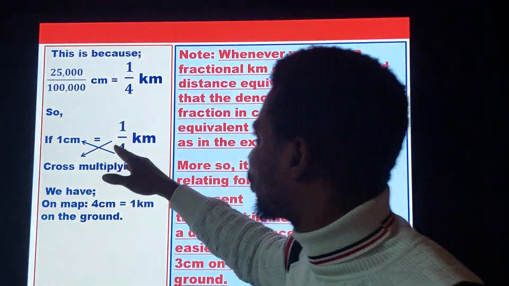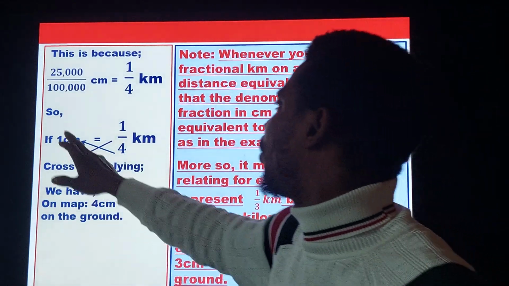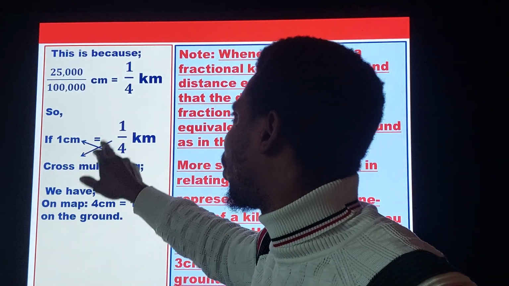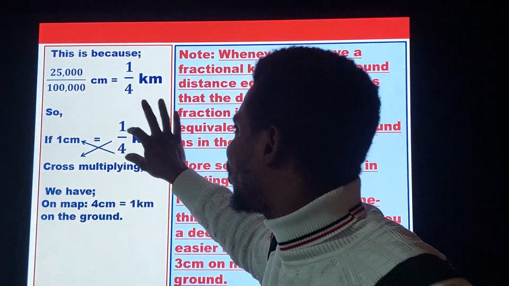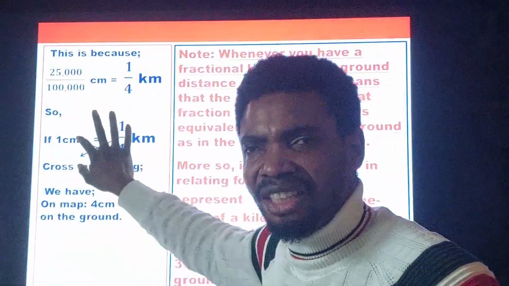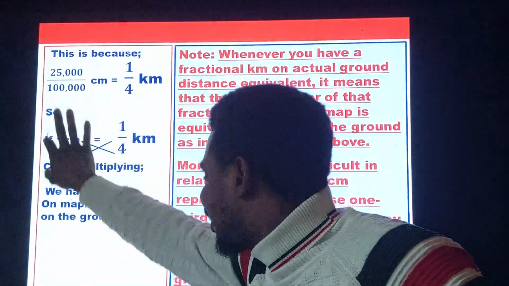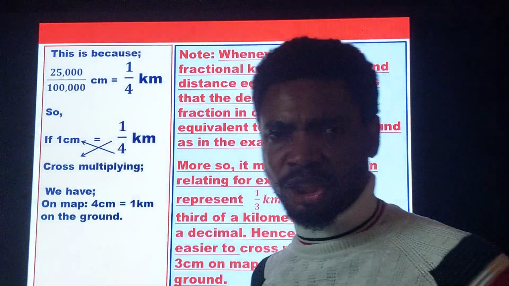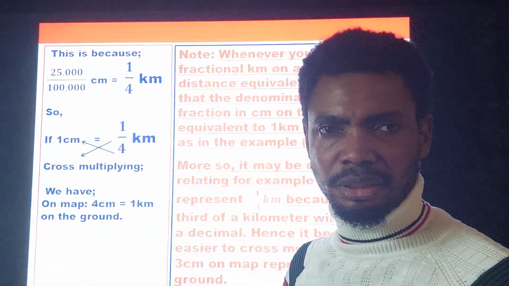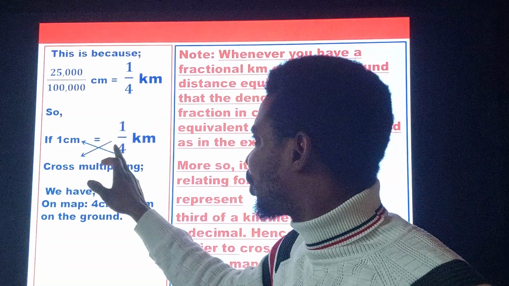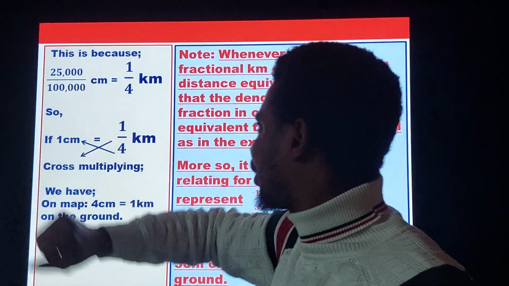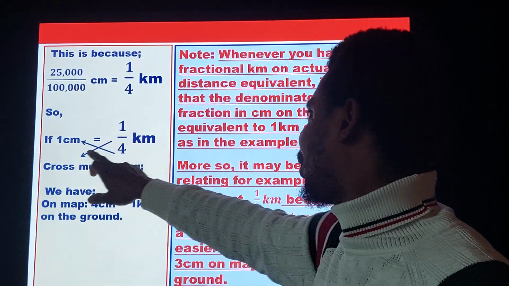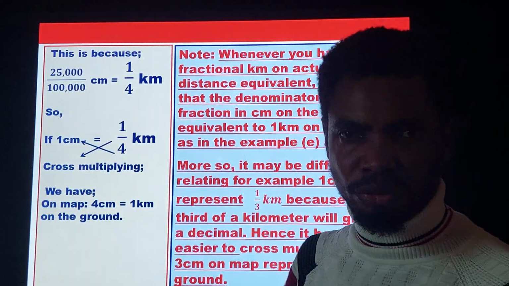Now, if you cross multiply, what we are saying is that 1 centimeter is equal to 1/4 of a kilometer. But it is not easy to understand this expression for a layman. So what we do is to cross multiply, and we say that 4 times 1, 4. 1 times 1 give us 1.